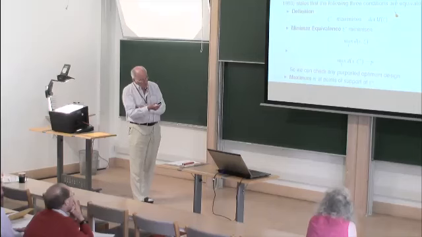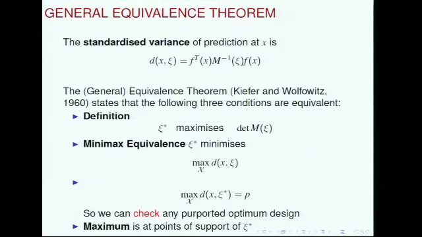Another thing that will be important is what is called the general equivalence theorem. This is a very ungeneral version of it. Here is the variance of prediction at a point x in our design region, and if a design maximizes this determinant, if it's D-optimum, then it also minimizes the maximum over the design region of this standardized variance of prediction.